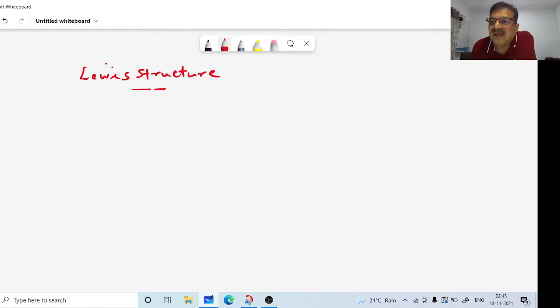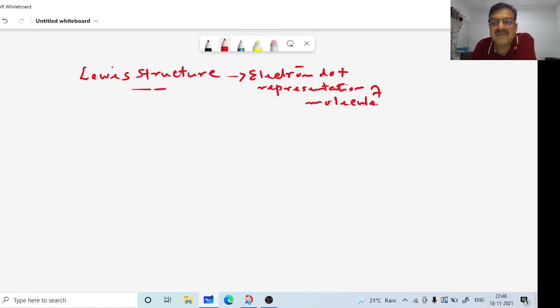They are simply electron dot representations of molecules. That is a Lewis structure.